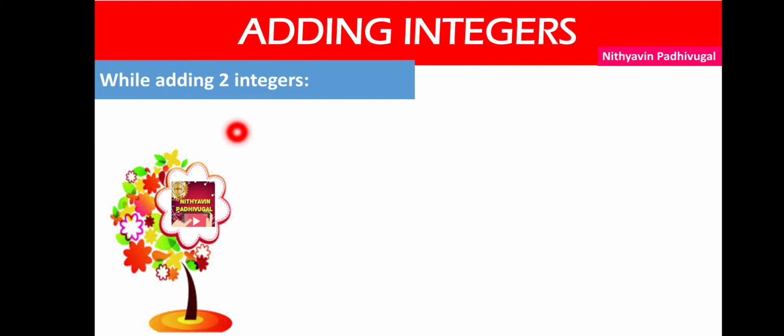And the third case is one integer could be positive and another one could be negative. You may feel this case could be difficult, but it's not like that. Let me tell you how to add them together. Okay? So, let us see the first case.